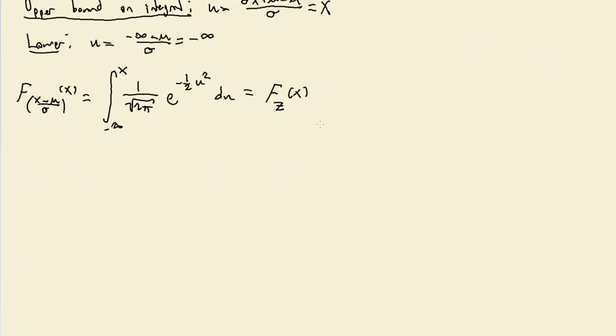And so from that we know, thus, that x minus mu over sigma is equal to z, which is our normally distributed random variable with a mean of 0 and a standard deviation or variance of 1. And so this is a semi-formal proof of that.